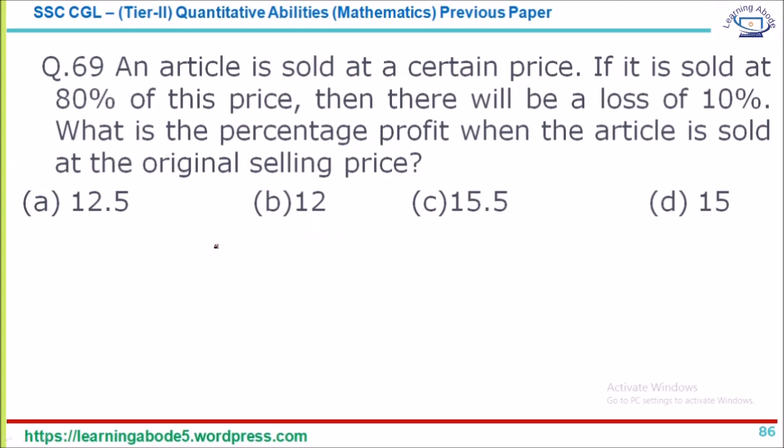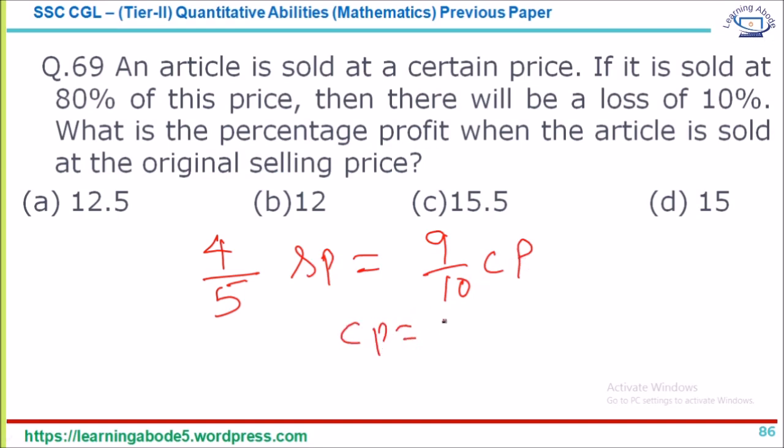So if 4/5 of that selling price gives a 10% loss, you can write 10% loss as 0.9, or 9 by 10 of the cost price. So you will get selling price is equal to 9 by 8th of the cost price, right?